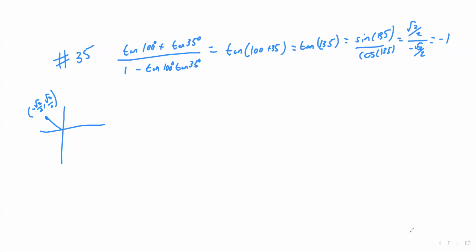Let's look at number 36. Number 36 says sine of 125 degrees, cosine of 35 degrees, minus cosine of 125 degrees times sine of 35 degrees. So hopefully you see a sine cosine minus cosine sine is the sine of x minus y.